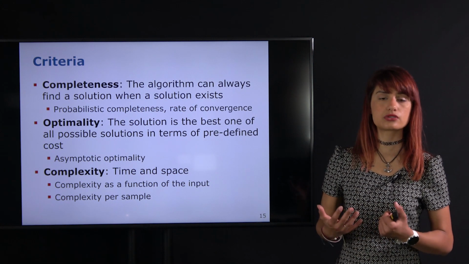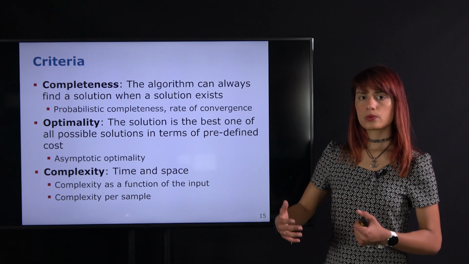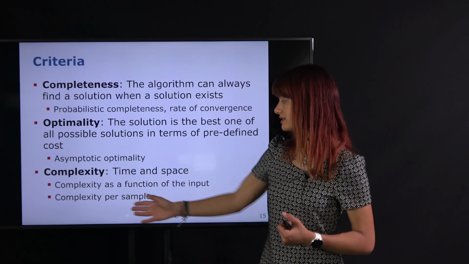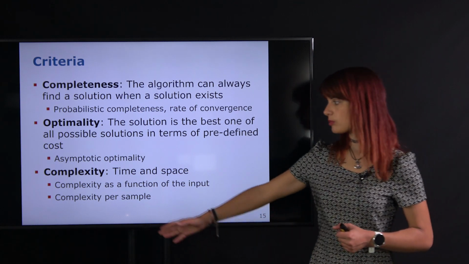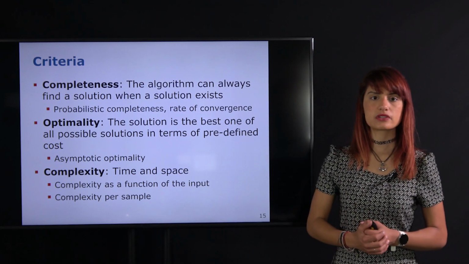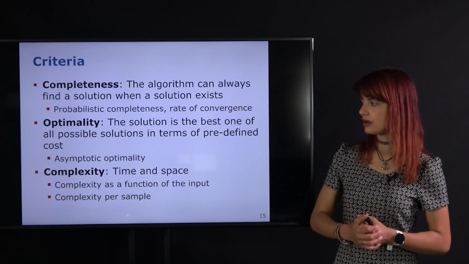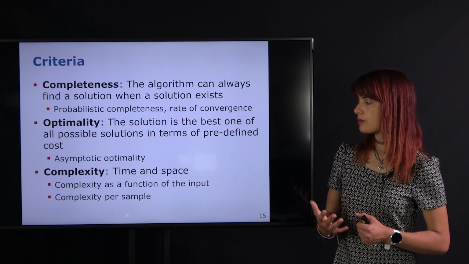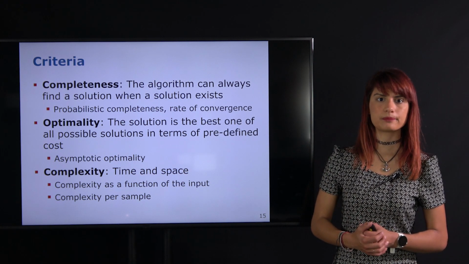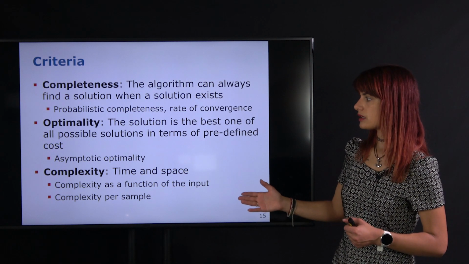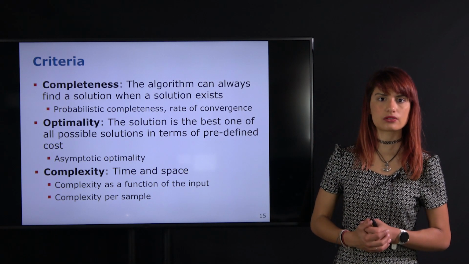Because of the nature of sampling and stochasticity, we often express complexity as a function of the input, and we can also measure the complexity per sample. So at each iteration of the algorithm, at each sample that we take, how much time and memory is consumed by the algorithm? And again, here we often take averages to account for the random nature of the algorithms.